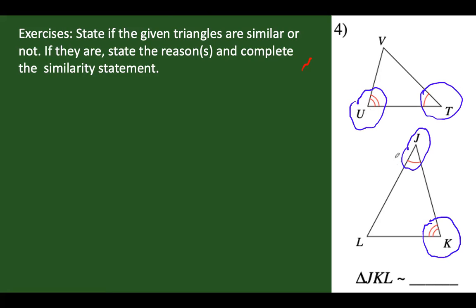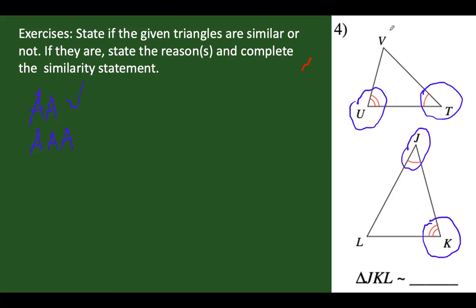So therefore, there are two corresponding angles of the two triangles that are congruent. So we can use either the angle corollary or the angle similarity theorem. However, since there are only two angles given, we can use the angle corollary directly. But we can also use the angle similarity theorem if you want.